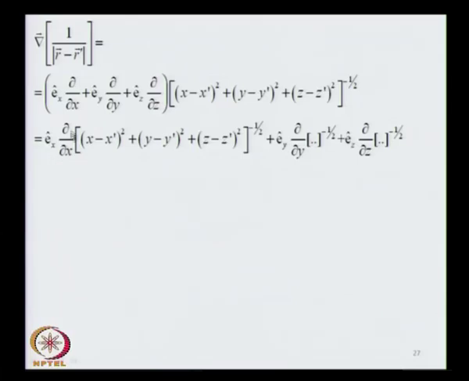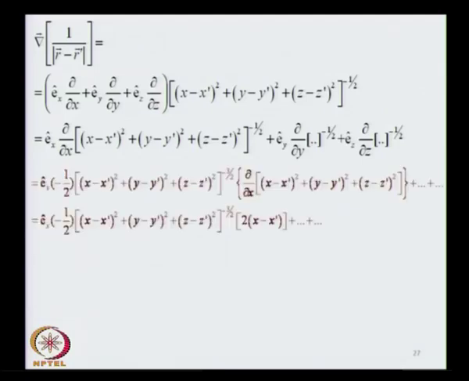So, the first term is Ex del by del x operating on the 1 over distance, plus Ey del over del y operating on the 1 over distance, and the Ez del by del z operating on 1 over distance. So, these are the 3 terms, and now it is a simple process of getting this derivative. So, this is something that you can do very easily, and you just do it term by term.